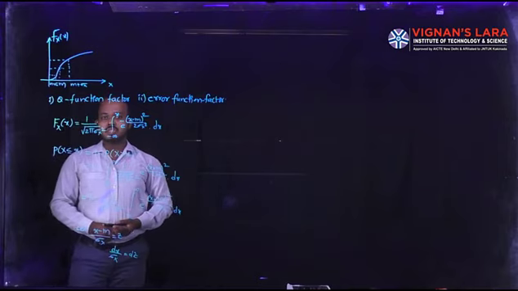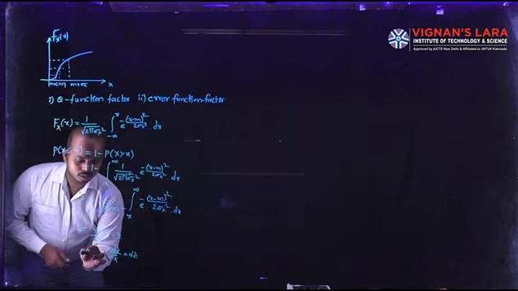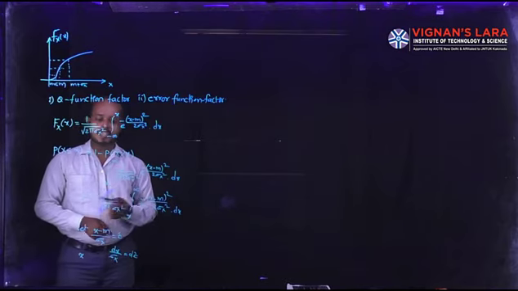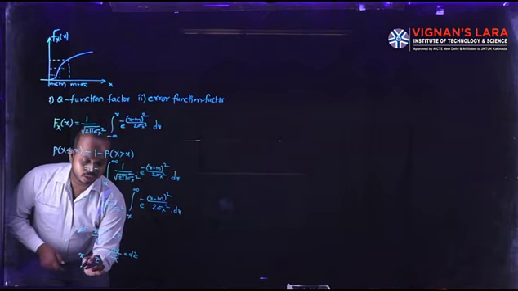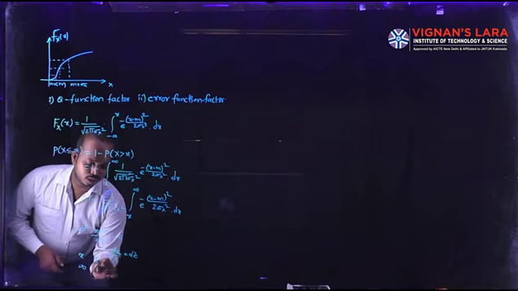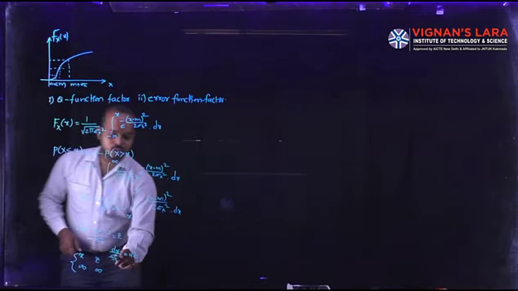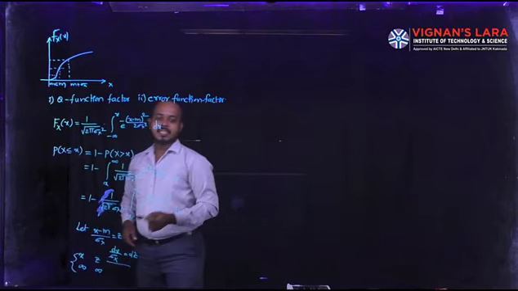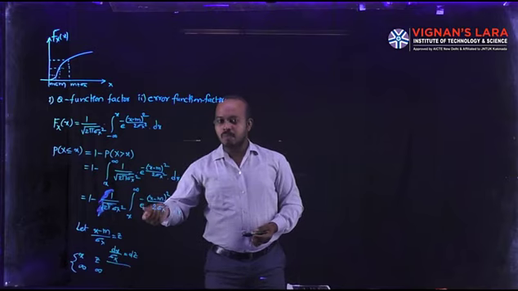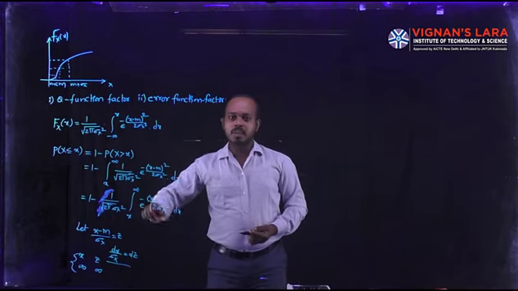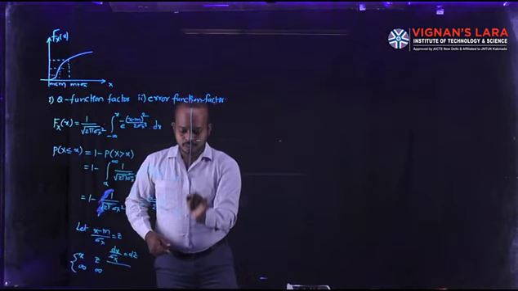Then you can change the limits of x to the limits of z. For the lower limit x, we obtain z, and for the higher limit infinite, we also get infinite. These are the limits, and this is the relation between the z term and the x term. Now I am replacing the x terms available in this integration with z terms.